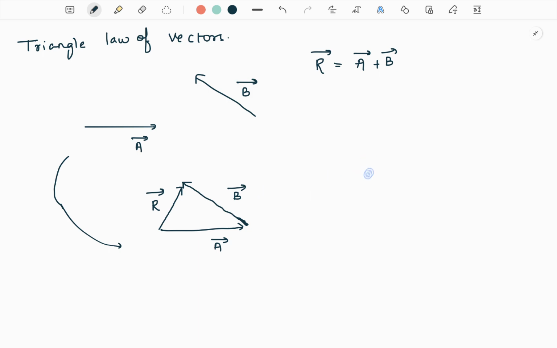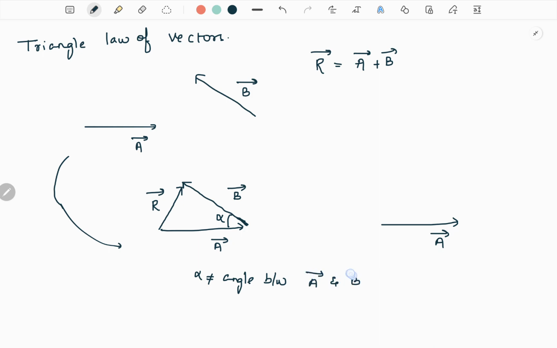Okay, and one caution while representing the angle between two vectors. If you wish to represent the angle between A bar and B bar, redraw them such that their tails are touching each other. In this case, observe this angle alpha is not the angle between A bar and B bar.